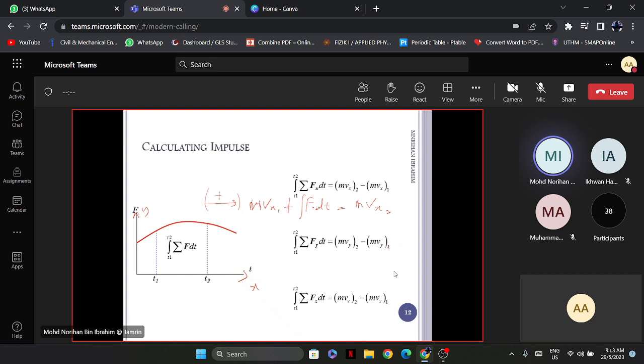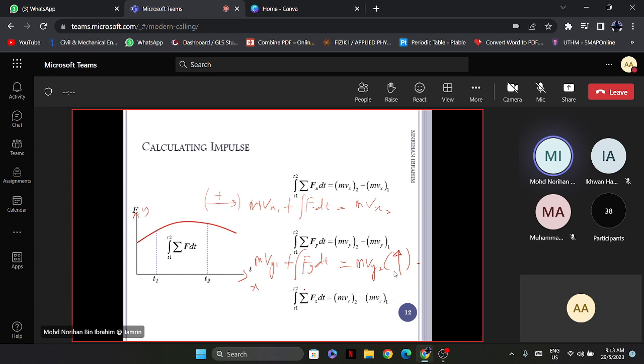Or we can write it as m vy1 plus the integral of Fy dt is equal to m vy2, positive upward.